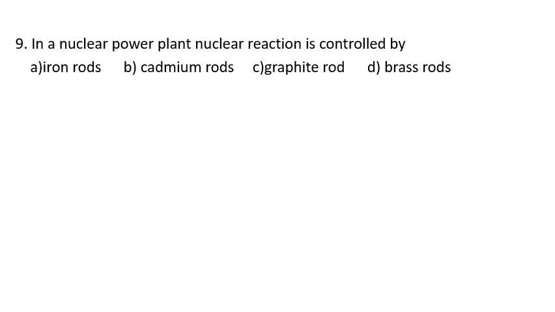Ninth question. In a nuclear power plant, nuclear reaction is controlled by: option A iron rods, option B cadmium rods, option C graphite rods, option D brass rods. In a nuclear power plant, control rods are used to control the chain reaction, and moderators are also used.